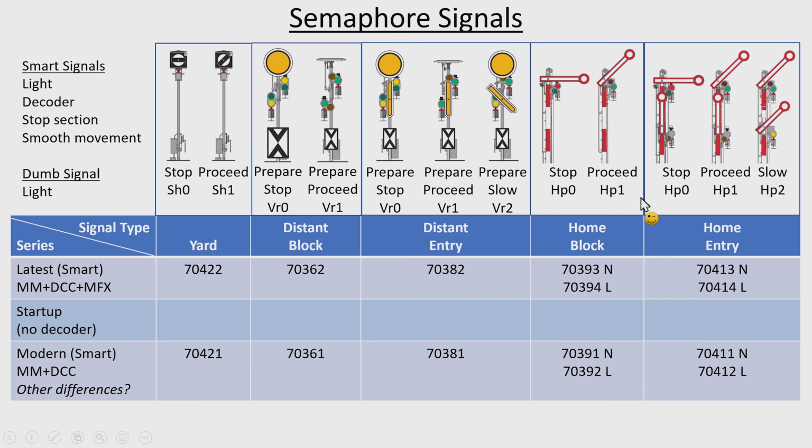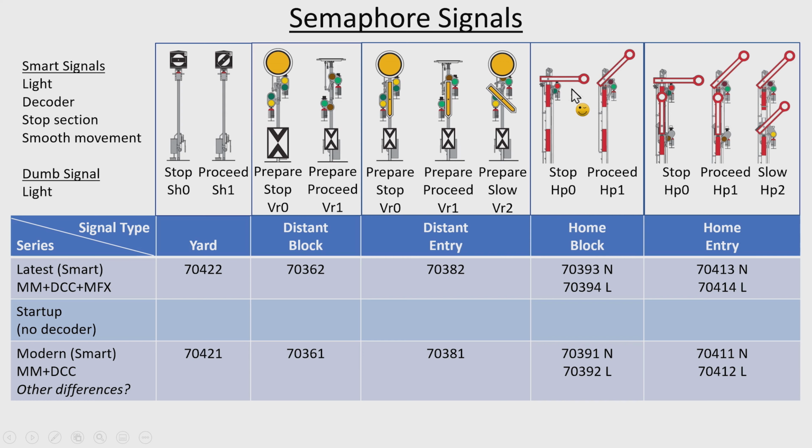So if we look to the right, we have two home signal columns to the right here. The main one is the home block. It's exactly like the light signal. However, there's also a wing on there that can show the signal aspect. So in this case, where the signal indicates stop, you will see the wing is horizontal.